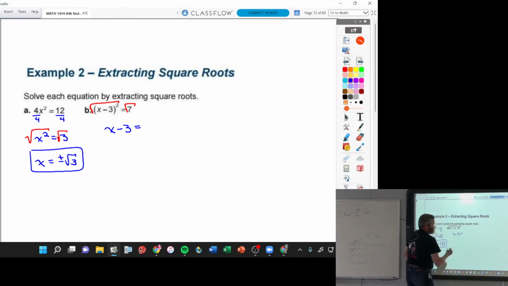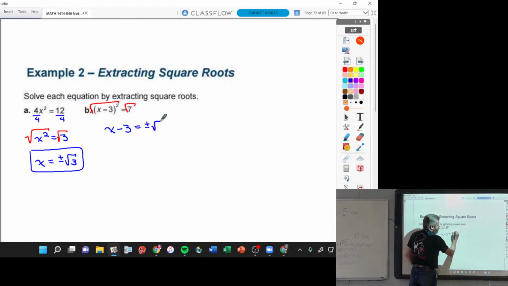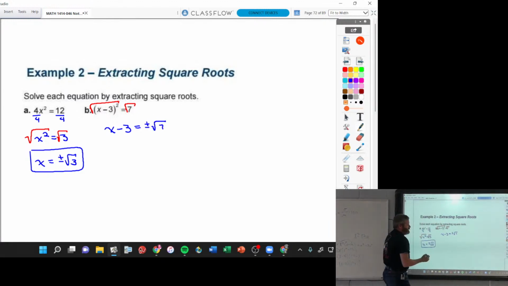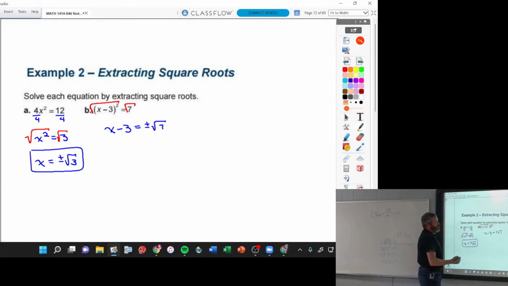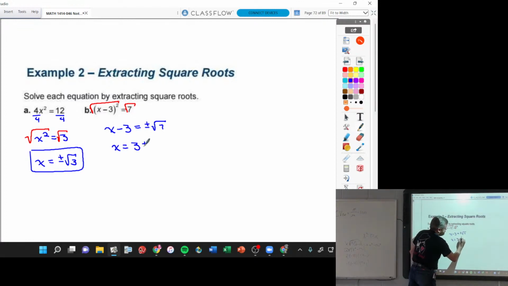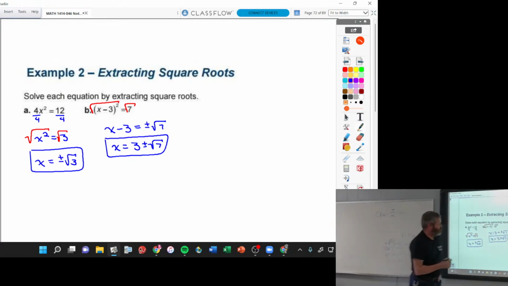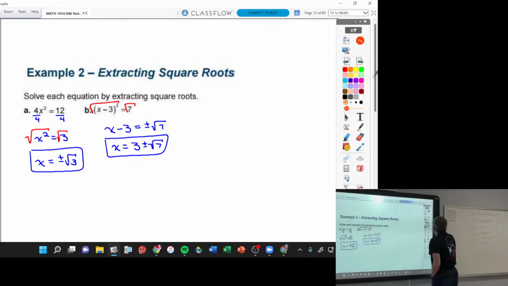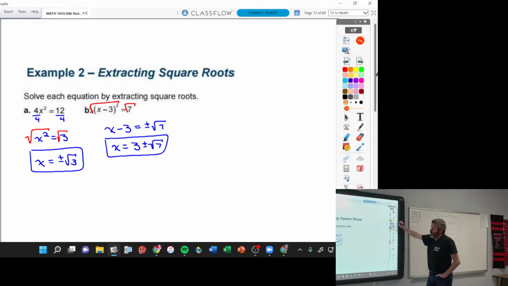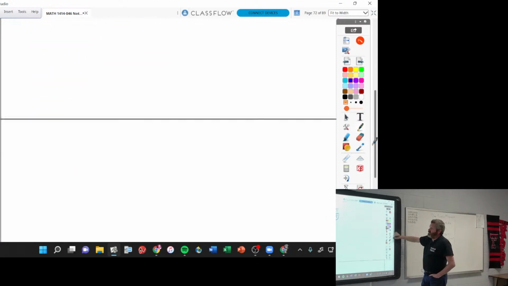And the square root of 7, just like I talked about a minute ago, is going to be plus or minus the square root of 7. To get x by itself, I will add 3 to both sides. So that gives me x equals 3 plus or minus the square root of 7. And again, plug those in, see if it works out. If it does, you're good to go.